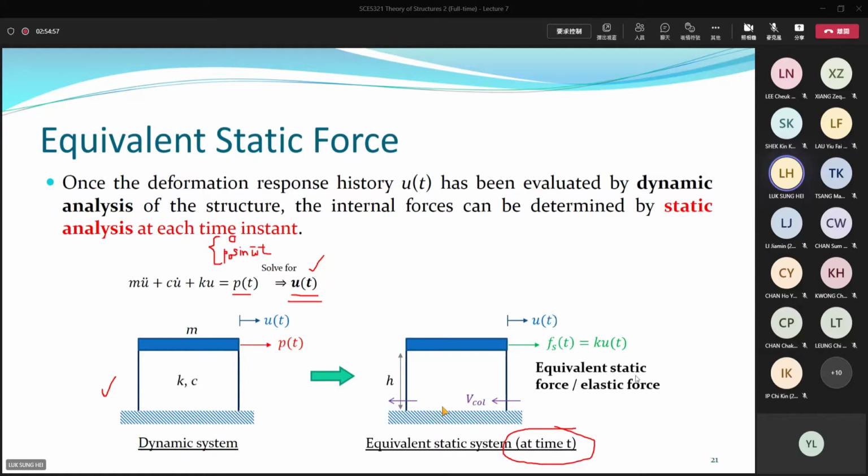At any time instant, the elastic force applied on the column is equal to stiffness times displacement. The elastic force provided by the structure is equal to the stiffness of the whole system times the corresponding displacement at that time.